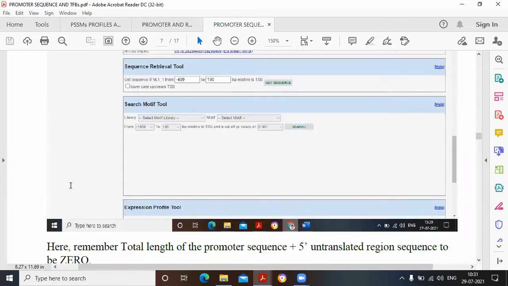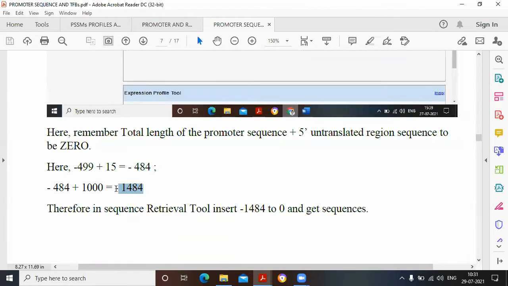Now you need to get the sequence with respect to the mRNA you have provided. This is a total of 1484 alphabets in the upstream region, where the regulatory sites are present along with the promoter.